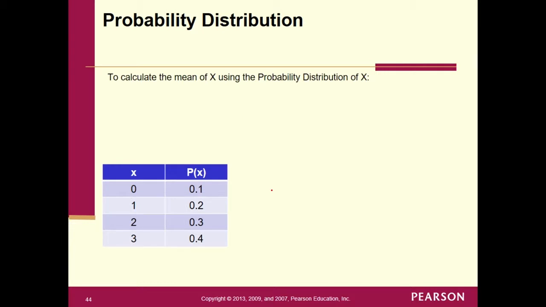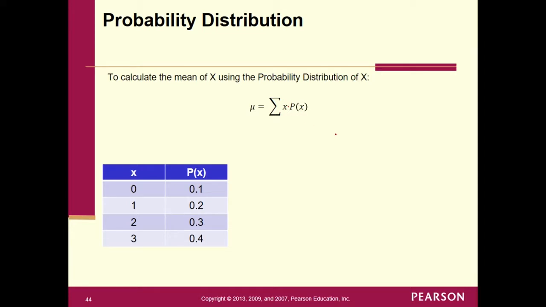To calculate the mean of x using the probability distribution of x, we're going to use a different formula, but it's a simple formula. It's not a hard formula. It's fairly straightforward, and here it is. It's the summation of x times p of x. We have a summation sign here, so what does that mean?